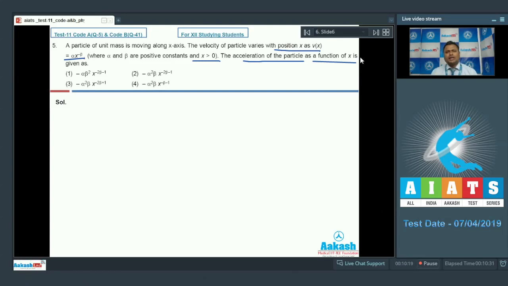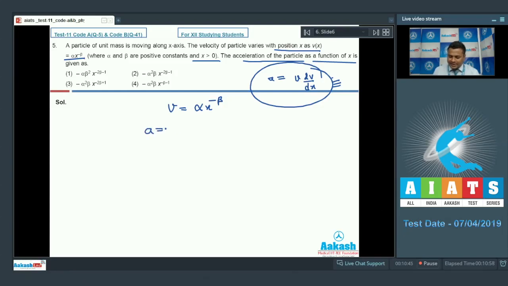Now we have to calculate the relation between acceleration and the respective position. We can calculate it. We know very well that A equals v dv by dx. So we can get the acceleration from Vx relation here. So v is alpha x to the power minus beta.